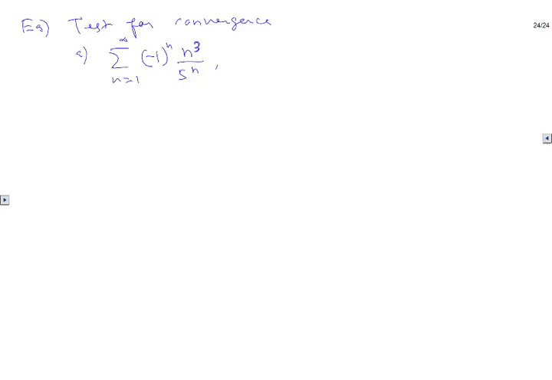In this case, you can see that a_n is negative 1 to the n, n cubed over 5 to the n. Let's try the ratio.